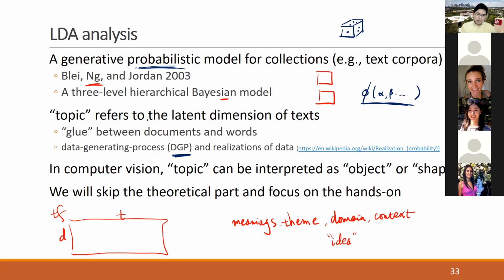So the latent Dirichlet model is a probabilistic model. They also call it a generative model that tries to describe the relationships between documents and terms.